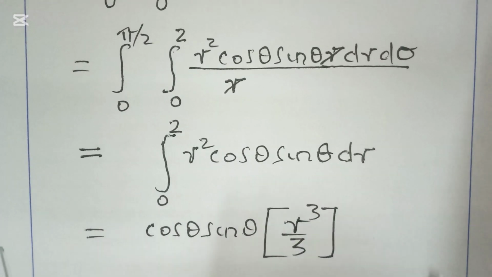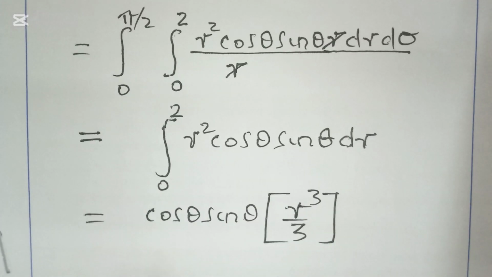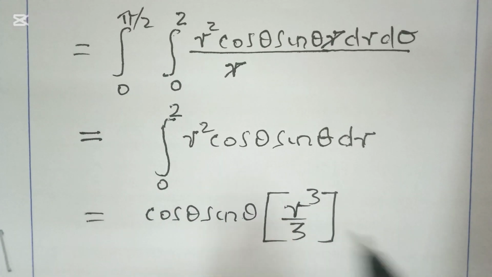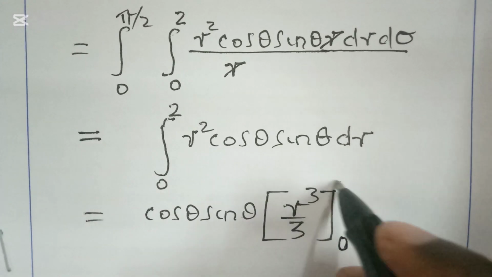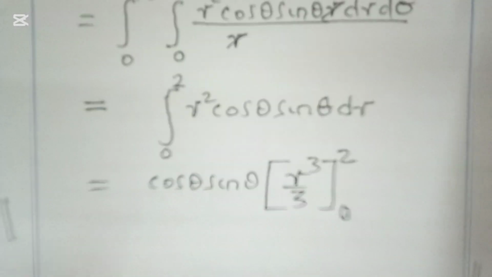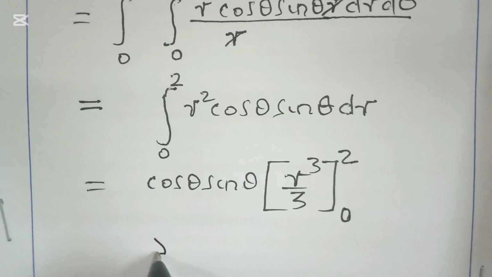If we put 0 and 2, if we put 2 there, we are going to get 8 over 3.